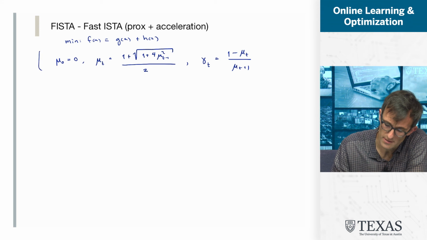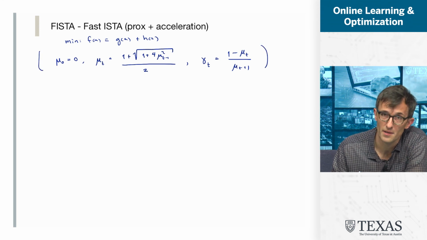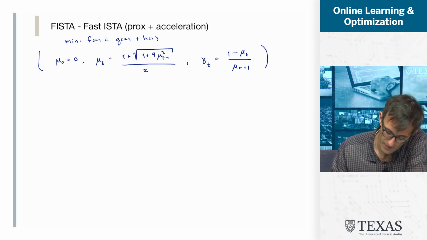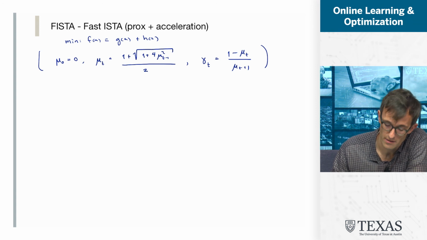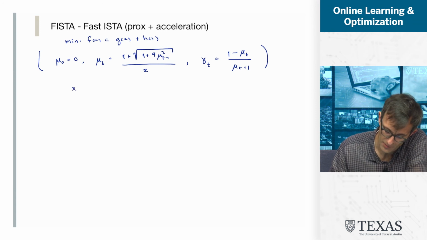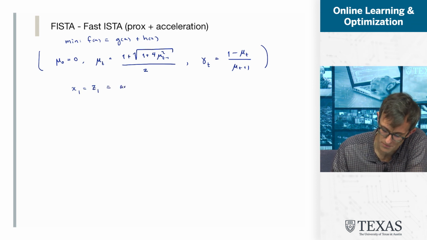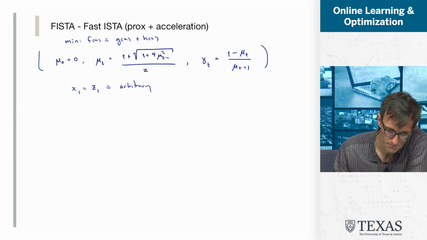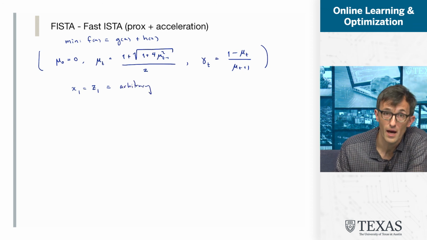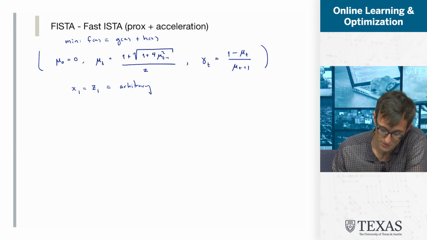Okay, so I need this sequence of scalars, and I'm going to use them in the following way. x is going to be my iteration, and I'm going to initialize at some x_1 equal to z_1, some arbitrary initialization. And thereafter, I'm going to update x and z as follows.